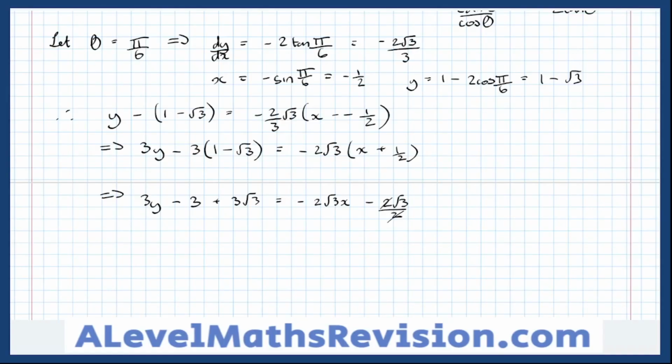Now taking all the terms to one side, so I've got 2 root 3x plus 3y minus 3, and let's gather the terms up there. I've got 3 root 3's there, and I'm adding a root 3 on, so plus 4 root 3 equals 0, and there I have it, the equation of the tangent to the curve.